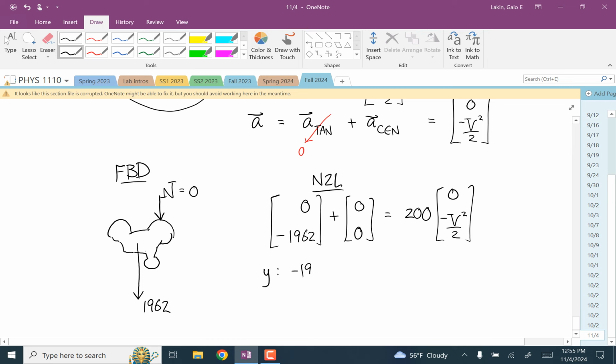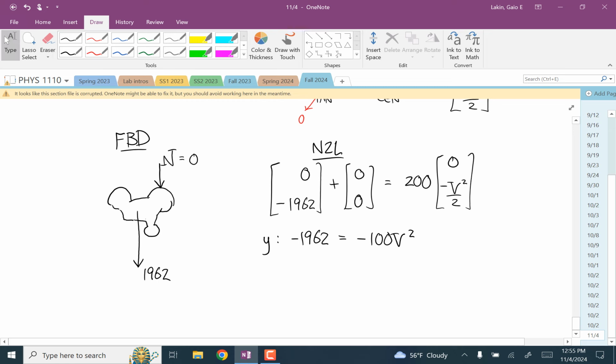It says negative 1962 is equal to negative 100 v squared, so 19.62 is equal to v squared. So v is equal to the square root of that. About 4.42 meters per second. We want the positive.